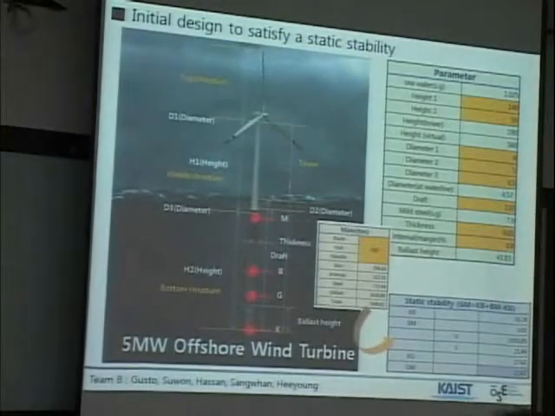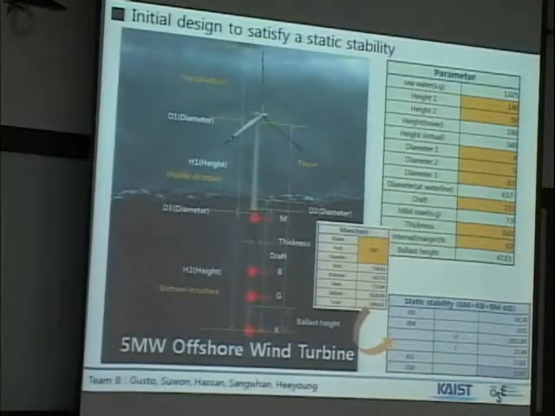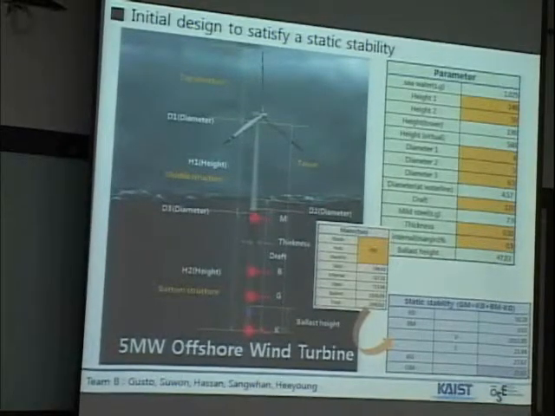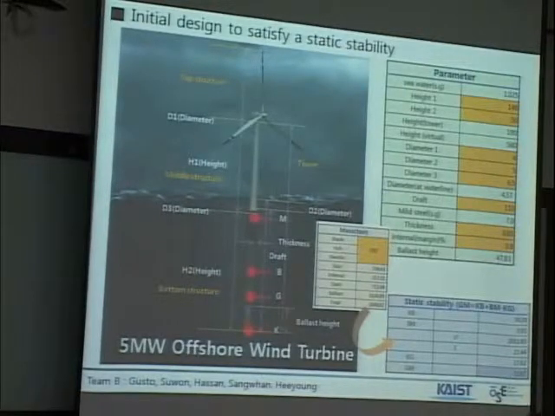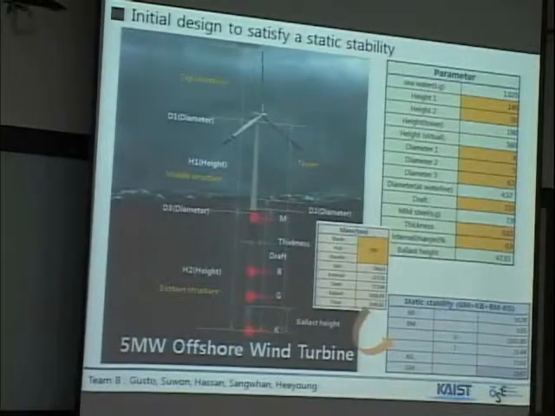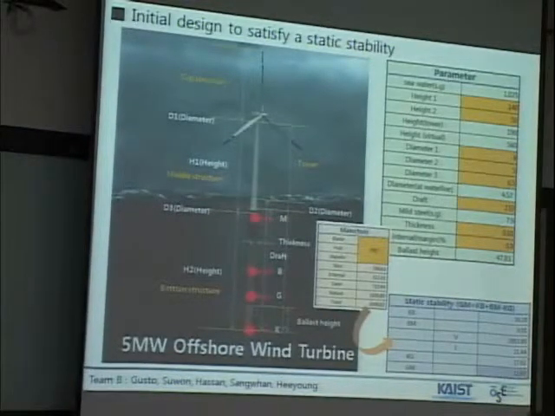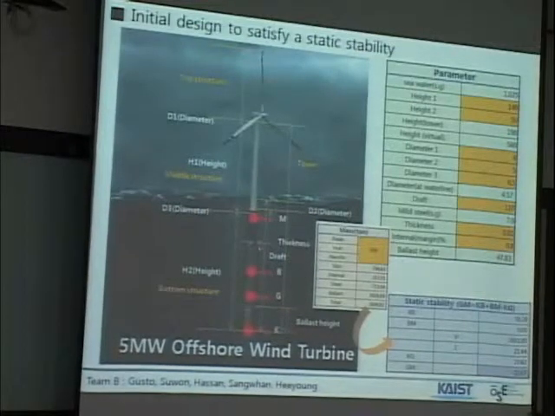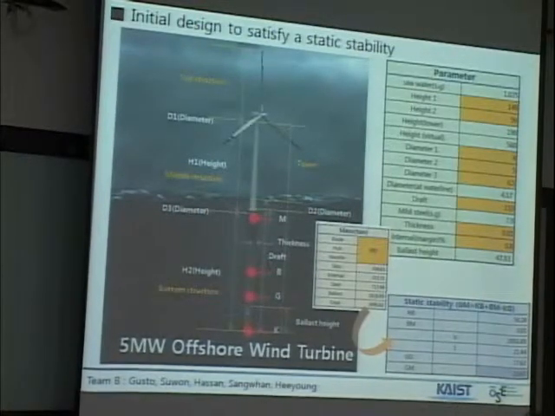This is the initial design for the spar-type wind turbine system. This is from the final documentation from team member D, maybe in term project 1. And I'm also one of the members of team D. So this is the initial step.